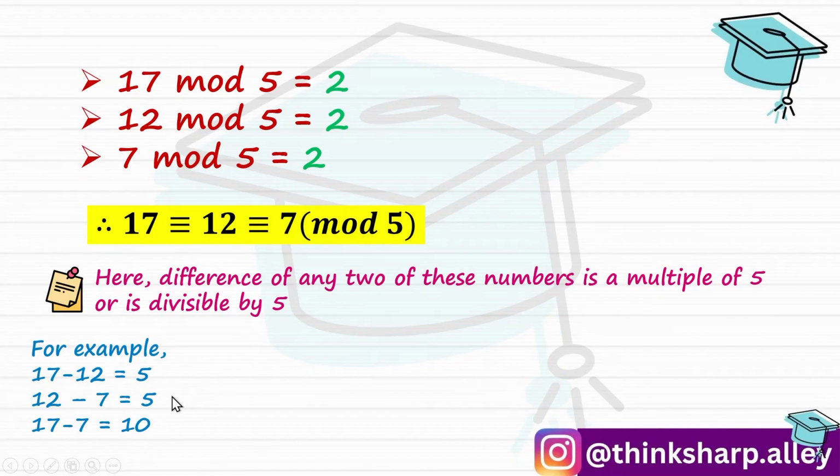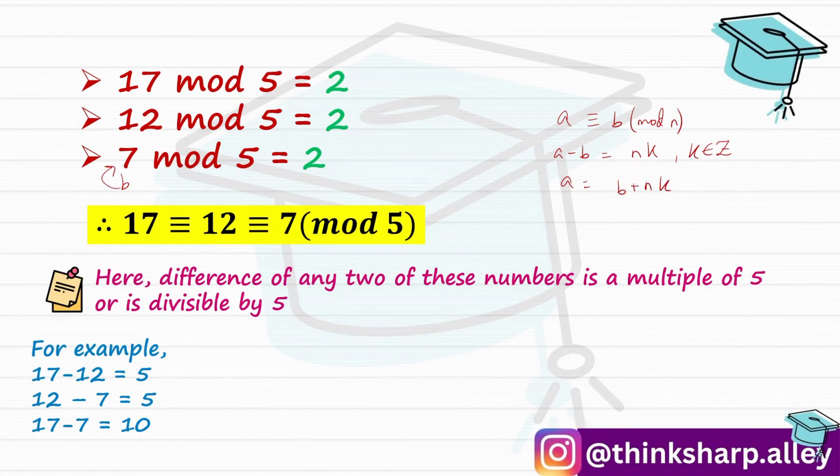So if we say A is congruent to B modulo n, which means A minus B will be divisible by n, and since it's divisible by n, there will be an integer k such that A minus B is equal to nk. So A is equal to B plus nk.